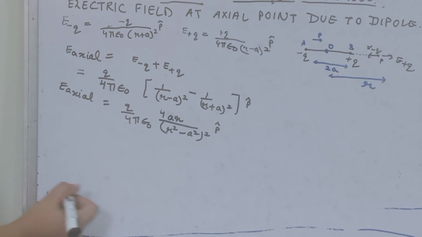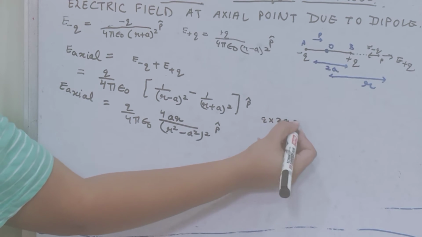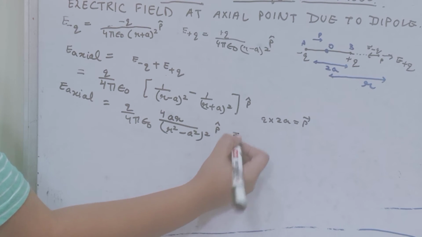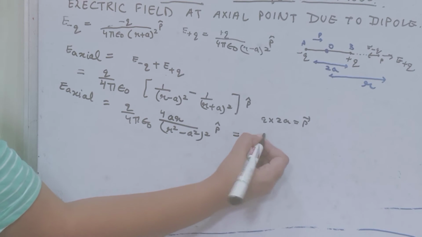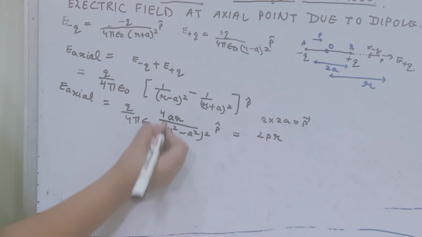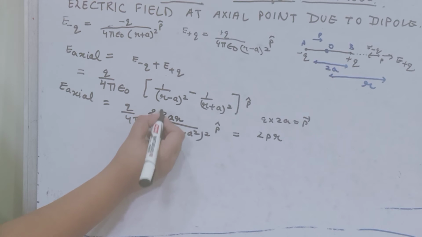Fine. Now we know that Q into 2A is nothing but the dipole moment. So we can write it as, since we are dealing with the magnitude only, so this becomes 2 into P into R. Like this can be written as 2A multiplied by 2.